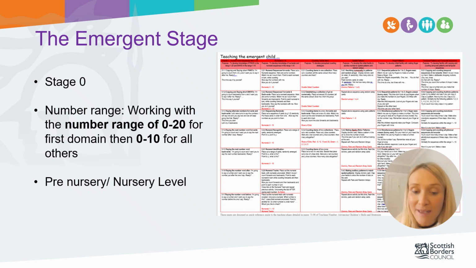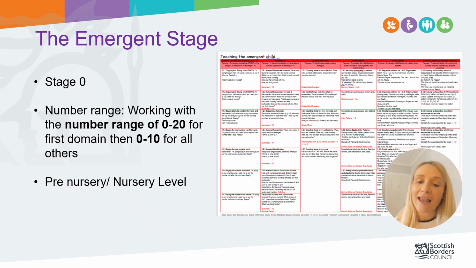This is the red planner, a single-sided planner, and again it has 6 different domains that we're going to come on and discuss in a minute. For the emergent stage, you're working with the number range of 0 to 20 for the first domain, and then for all other domains within this stage, you're working in the number range of 0 to 10.